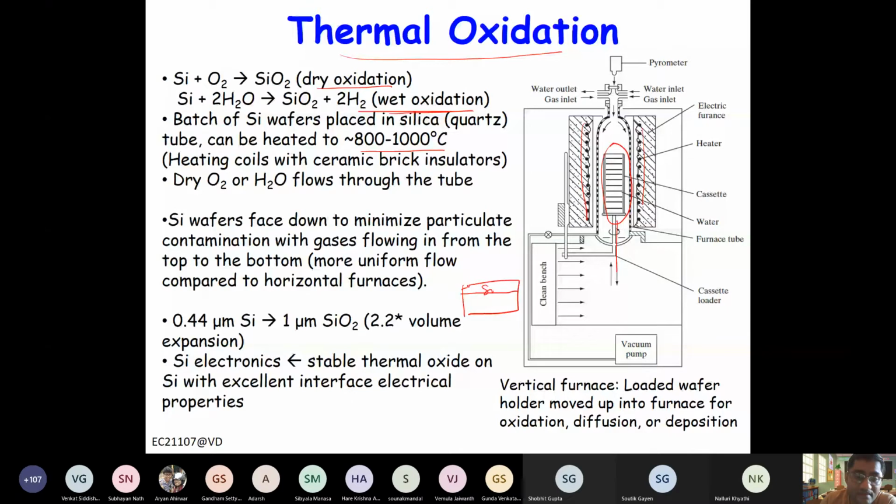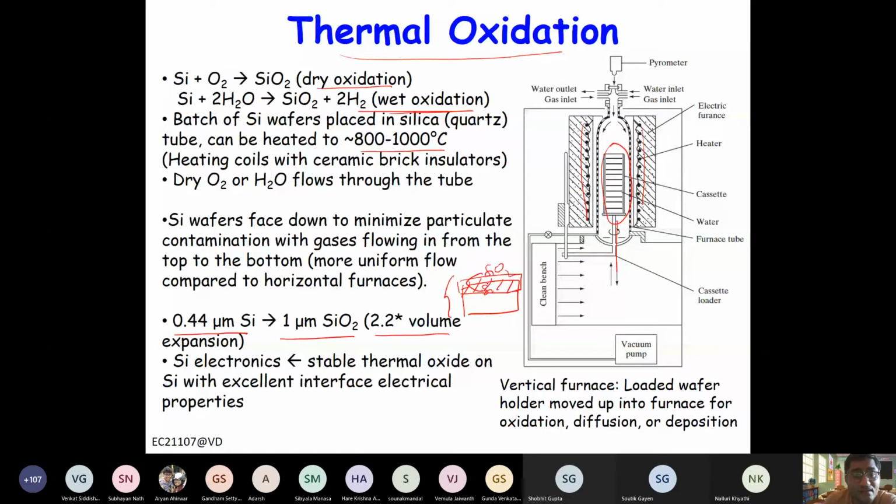That means 0.44 micron of silicon will give 1 micron of silicon dioxide. So the overall volume of the wafer would have increased, right?